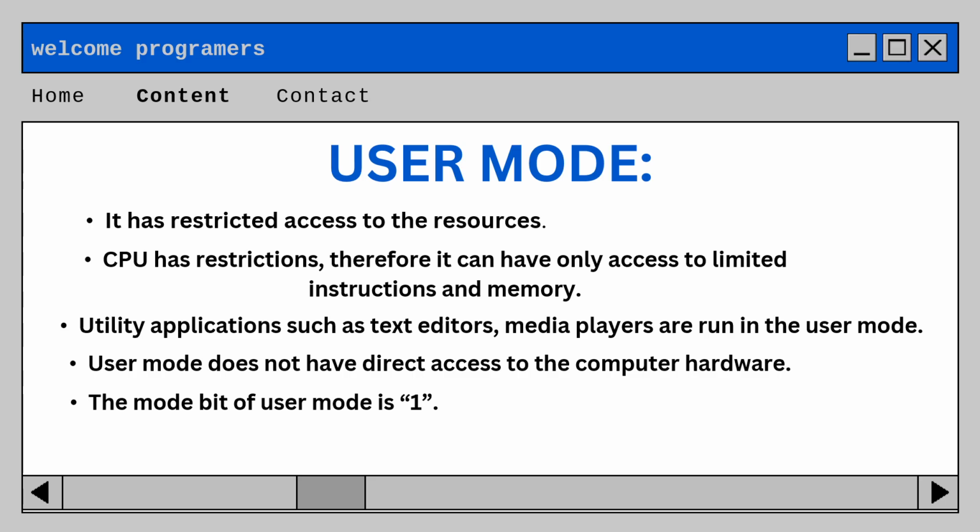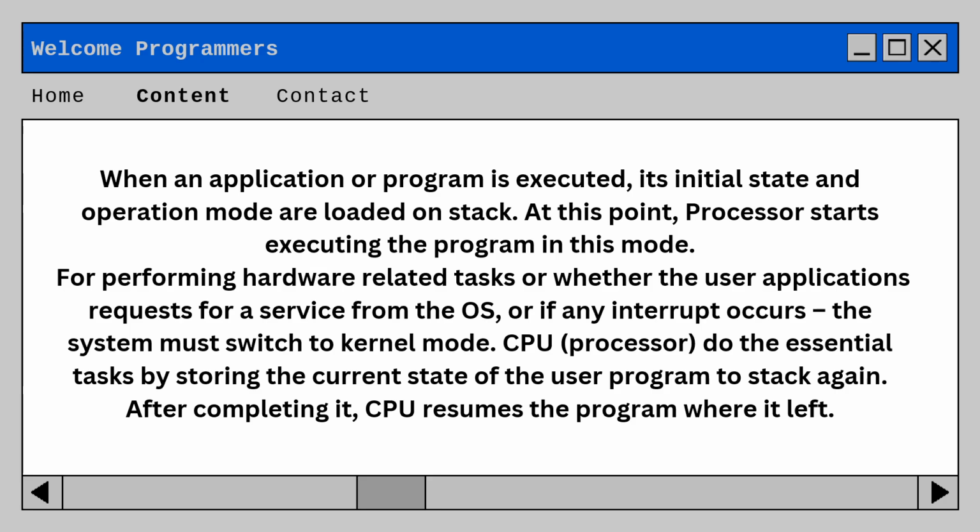If a program needs hardware access like reading from disk, printer, etc., it asks the operating system through a system call. Now the CPU temporarily switches to kernel mode to do the task, then returns to user mode. The advantage here is that it keeps the system safe, which means programs cannot damage hardware directly.